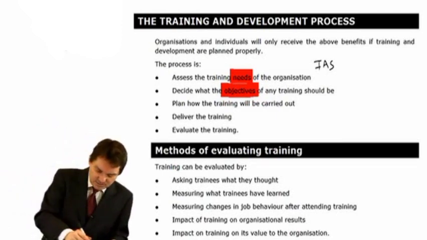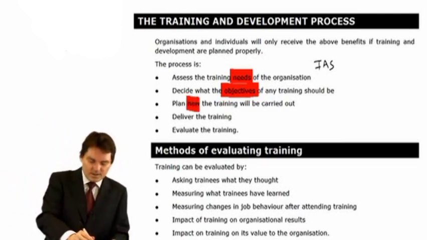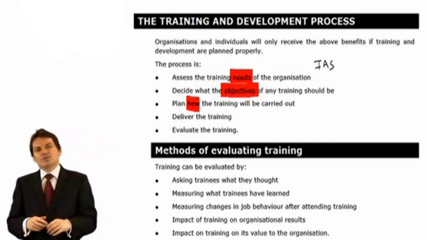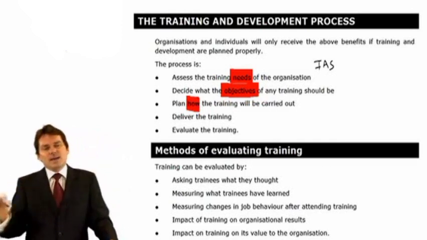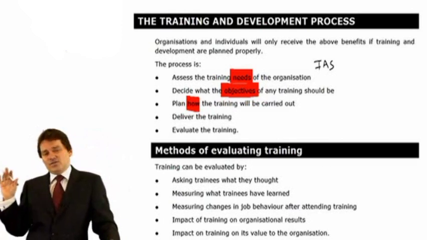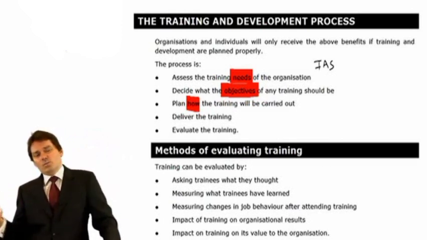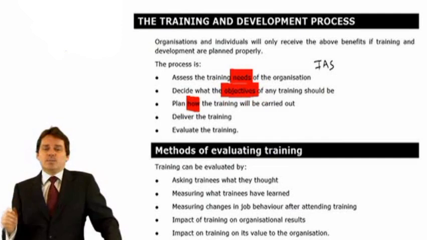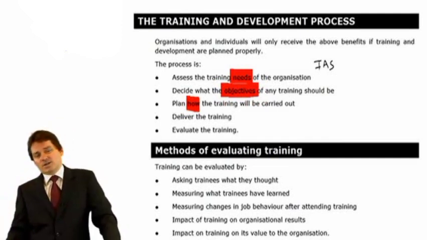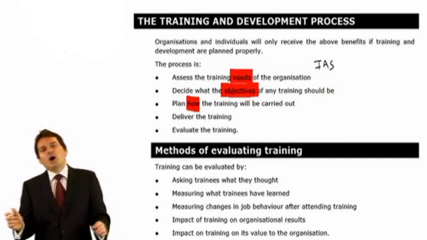The next stage is to plan how the training will actually be carried out. Are we going to send people on a course that they have to go and attend away from the workplace? Are we going to send them on a course which is within the workplace? Are we going to train them as part of their job?